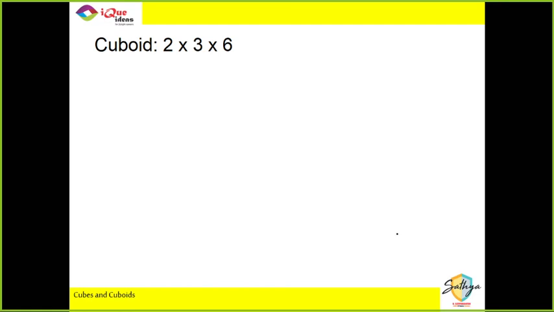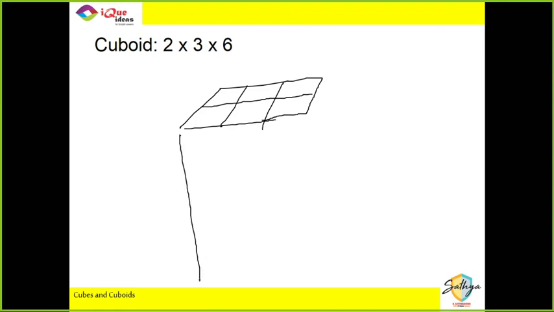Okay, guys. Let's see how to draw this first. 2 multiplied by 3, right? So we start with a simple parallelogram. ये साइड 2, ये साइड 3. बचा क्या? 6, right?